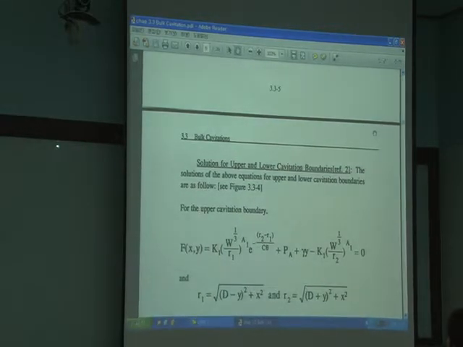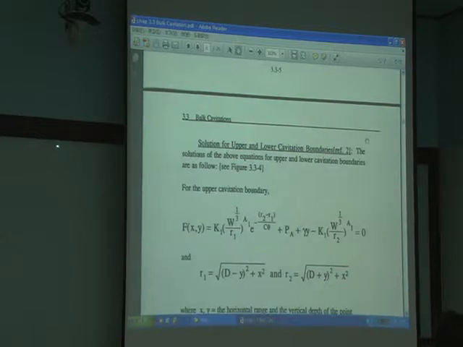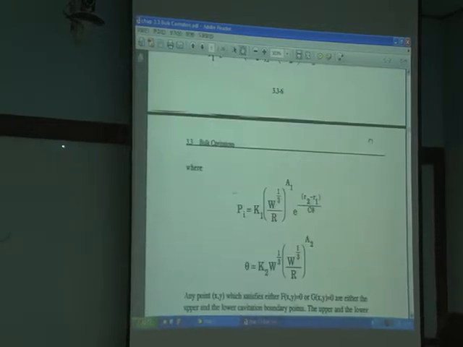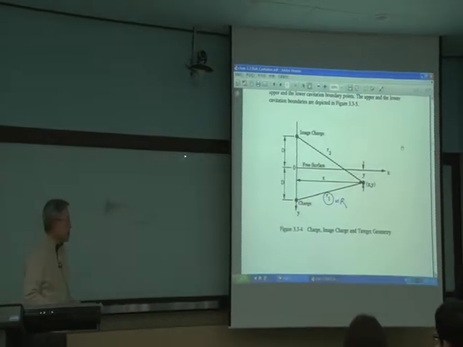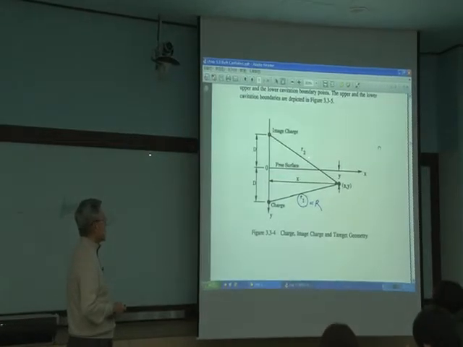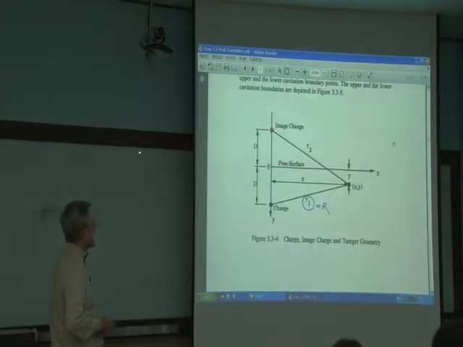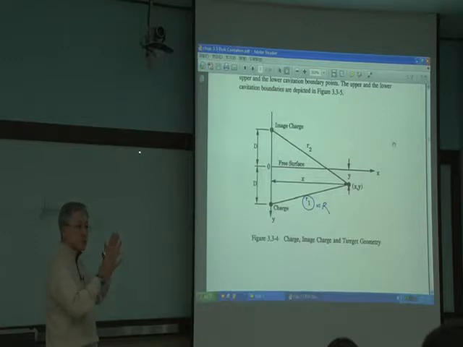R2 is the standoff distance from target to image charge, which is R2 from here to here, which is equal to from here to here plus from here to here. Got it? That's R2 minus R1. So if you look at R2 minus R1 over C, that is the cutoff time, TC.